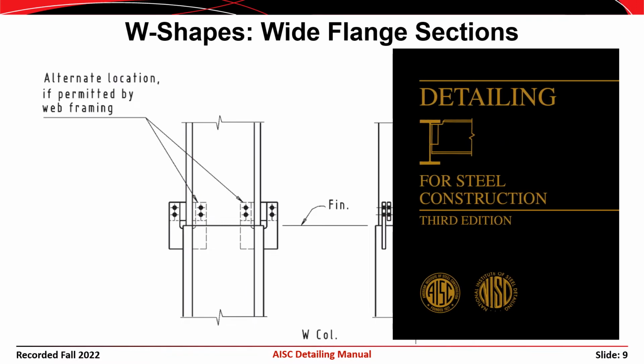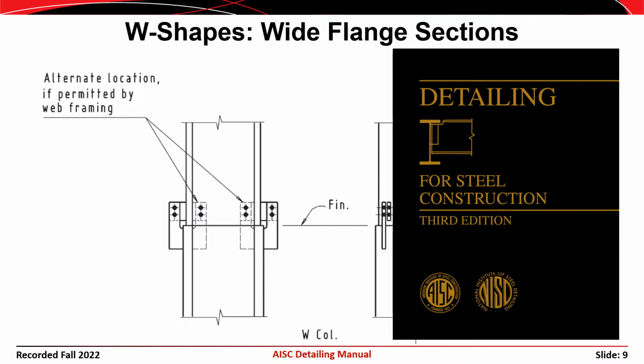Now, this figure actually comes out of the AISC detailing manual, and if this was a face-to-face class, I would have a copy of it and I would pass it around for you guys to take a look at. But basically, I just want you to know that there is a separate manual for detailing of steel construction, and it gives the different conventions that you would use for putting together a drawing package for fabrication or for erection of steel structures.